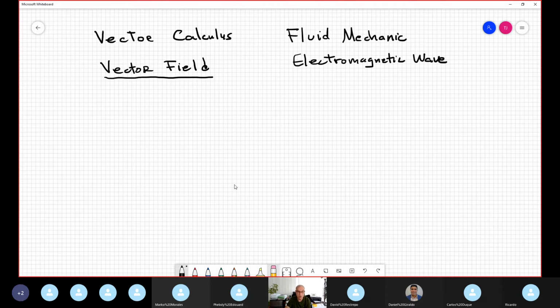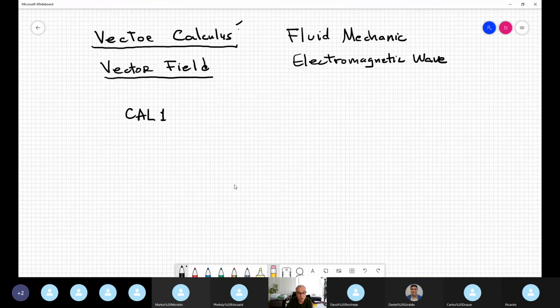Function is history. Now it's the vector field, the object that we have in front of us. Let me try to explain the definition of the vector field. Because in Cal 1, remember, I always call it Cal 1, Cal 2, Cal 3, and vector calculus is the new subject, inside Cal 3, as they call it in Miami.